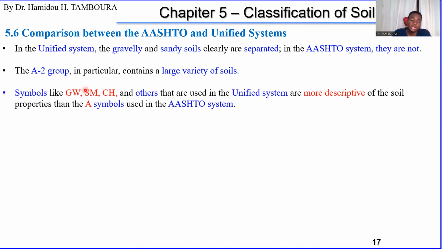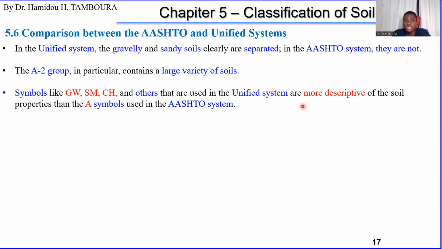So in the unified classification system, we have all these symbols: well-graded gravel, silty sand, clay with high plasticity, this kind of symbols, and many others used in this unified system. They describe the type of soil more than the AASHTO system.